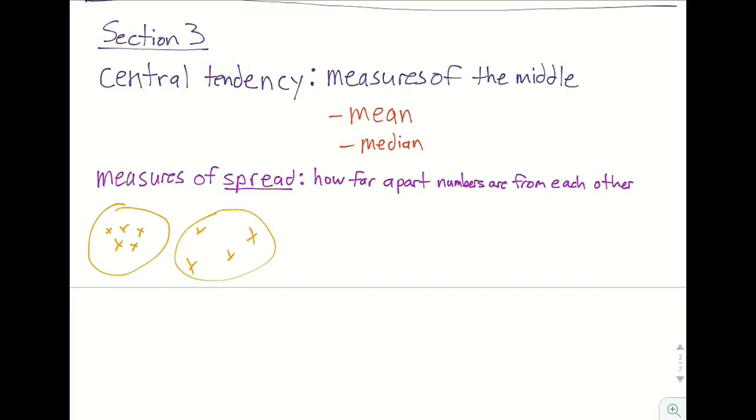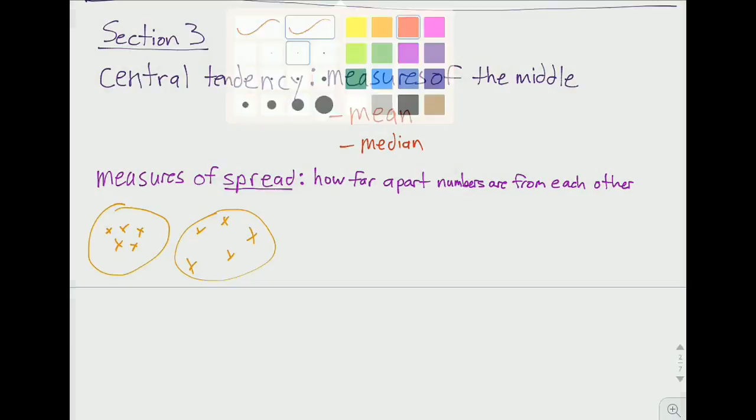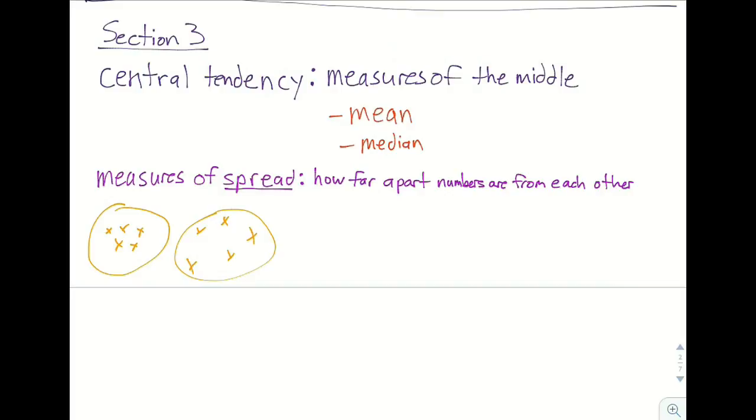So if any of you are into archery or shooting, if you can get a bunch of shots all within the size of a quarter or very close to each other, your measures of spread would be very low. You have high consistency.